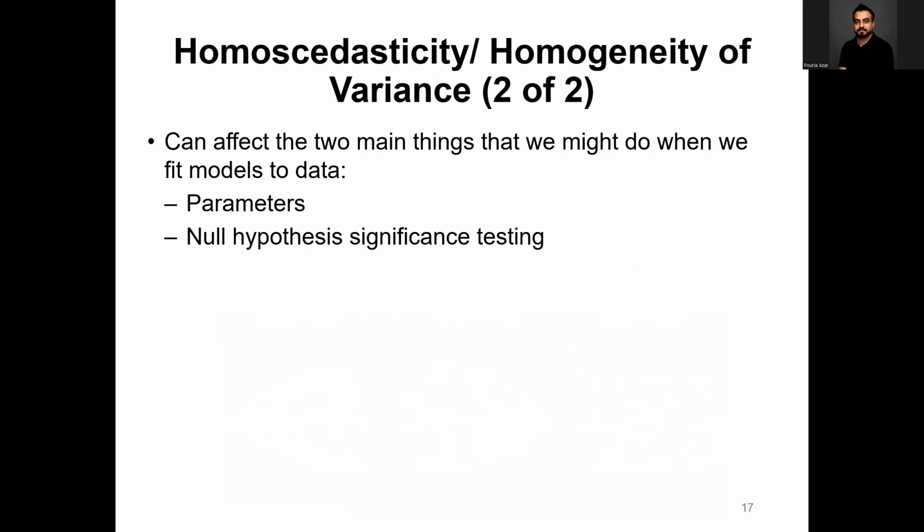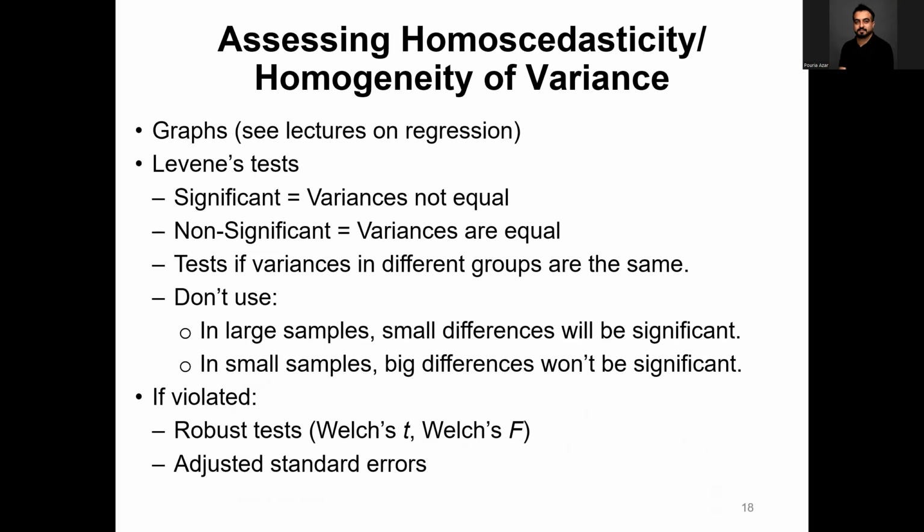So when we have any violation in homogeneity of variance, just like what we saw in normality distribution, we would have inaccurate estimate of parameters and the p value should be also invalid.